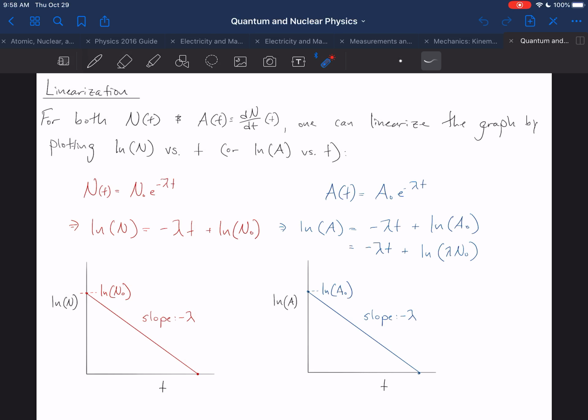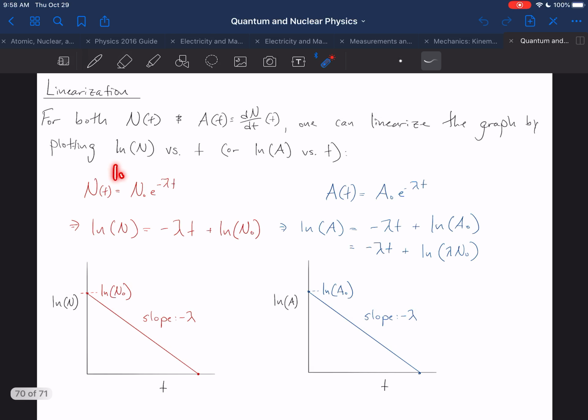Take our equation for radioactive decay, N of t equals N naught e to the negative lambda t, and take the natural logarithm of both sides. That gives us the following relationship. Log of N of t is equal to, notice we're applying some properties of logarithms here, the log of AB is equal to the log of A plus the log of B, so log of N naught plus the log of e to the negative lambda t.